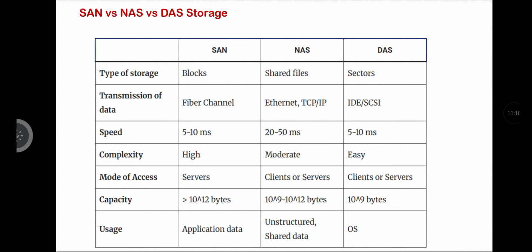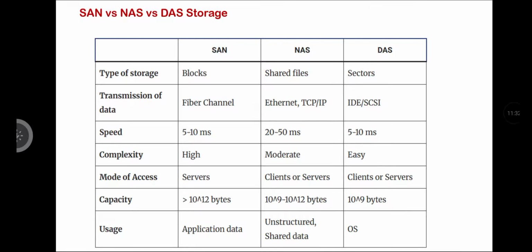Speed for SAN is 5 to 10 milliseconds, for NAS it is 20 to 50 milliseconds, and for DAS it is 5 to 10 milliseconds. Complexity is high in SAN, moderate in NAS, and easy in DAS.